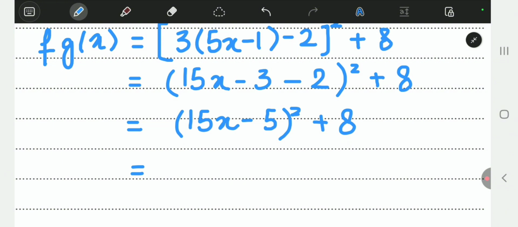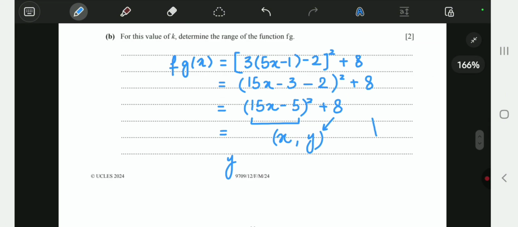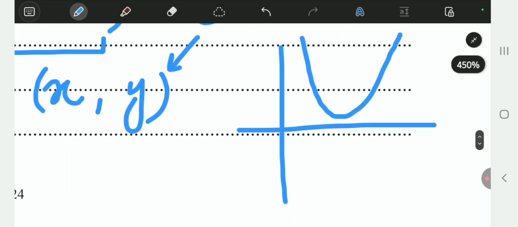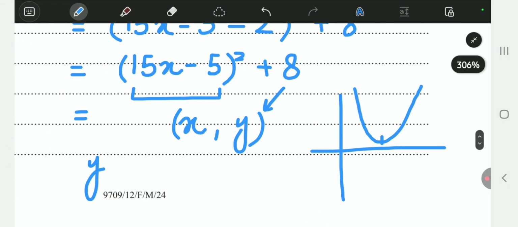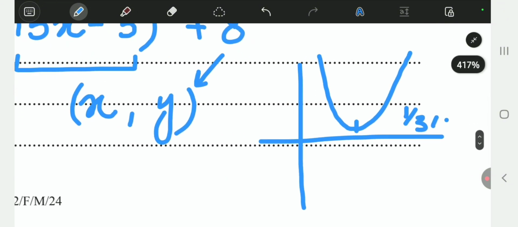So from here what will be your range? Again, using the vertex form, this gives the x coordinate of the vertex, and this gives the y coordinate. What are your y values? Since the curve opens upward, y values should be greater than or equal to 8. The vertex x is 5 over 15, that is 1 over 3, so the vertex is (1 over 3, 8).